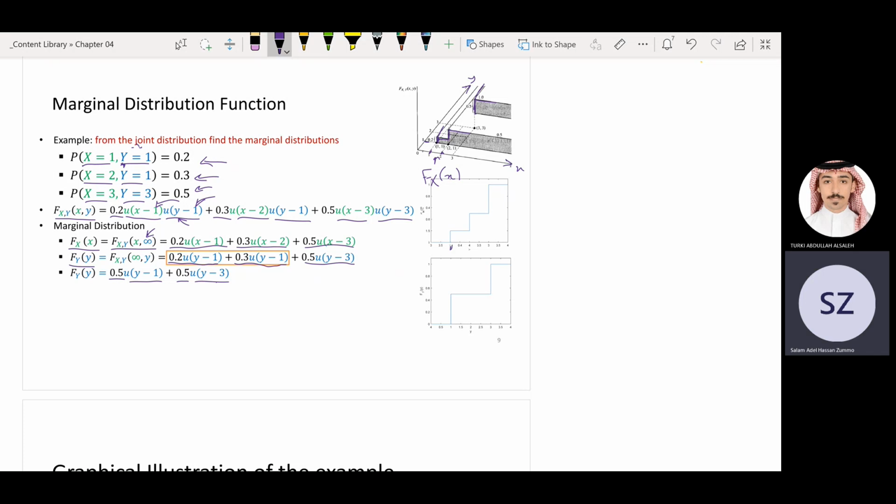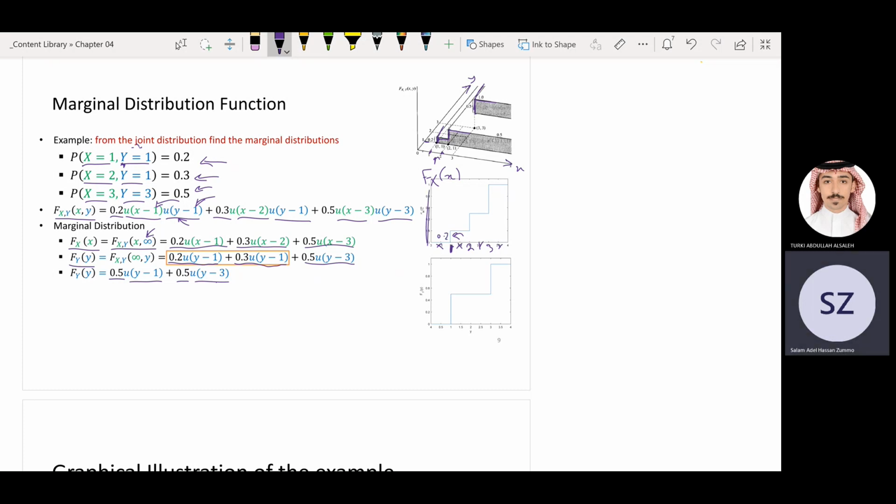So this is 1. Sorry, there is some confusion in the numbers. This is 2 and this is 3. The numbers are in the middle. 0.4 and so this is 1, this is 2, this is 3. So now fx of x, if you look at it, it's a step function at x equal 1 with 0.2.